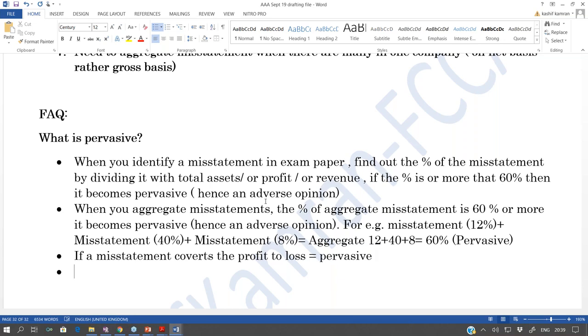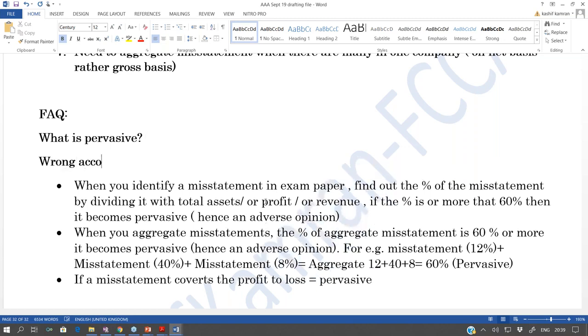Fourth, if the auditor is unable to obtain evidence. The first three situations of pervasive was when there is a wrong accounting treatment, and you'll find the percentages, right?